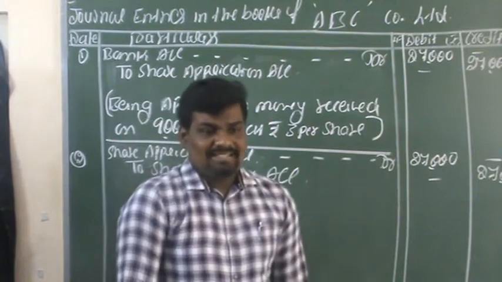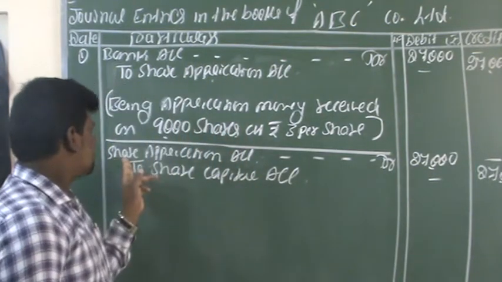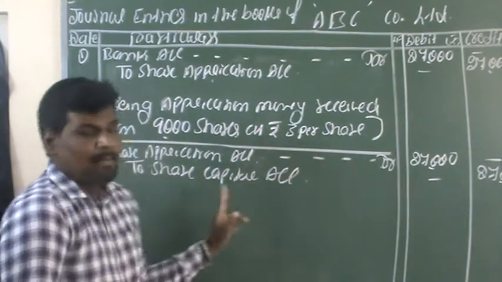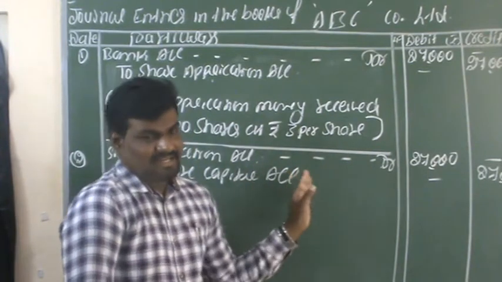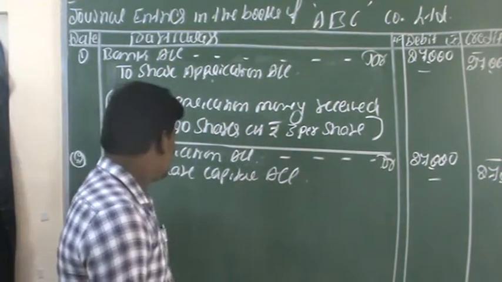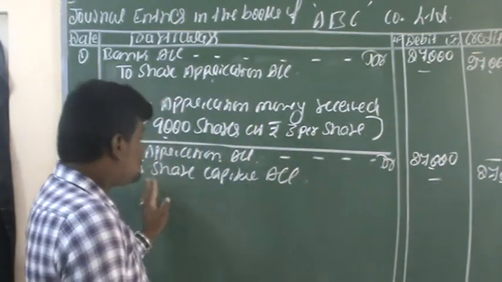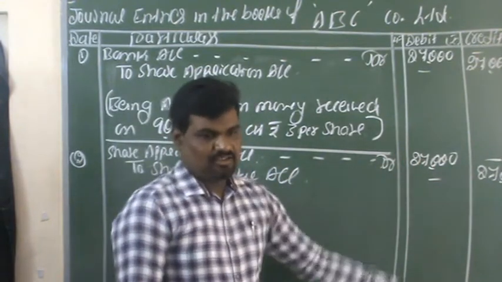Now we need to transfer this 27,000 rupees to share capital account. This is the second entry for the transfer of application money: share application account debit rupees 27,000 to share capital account rupees 27,000.